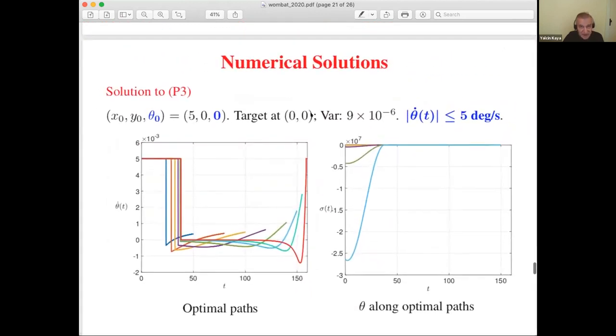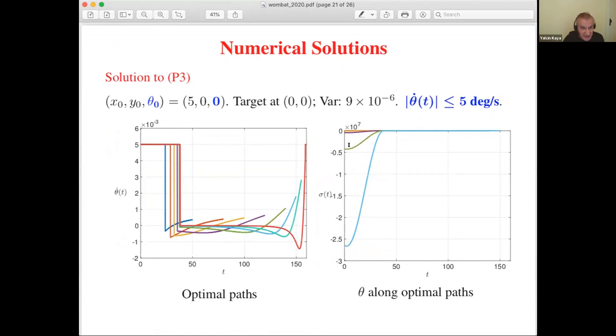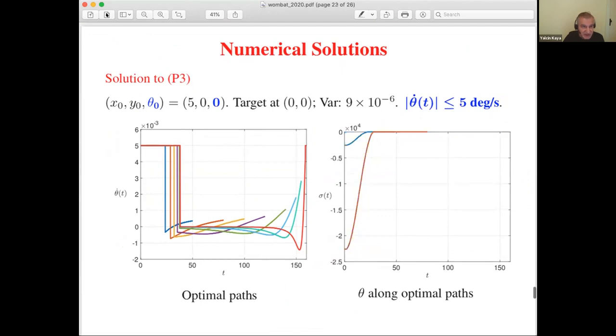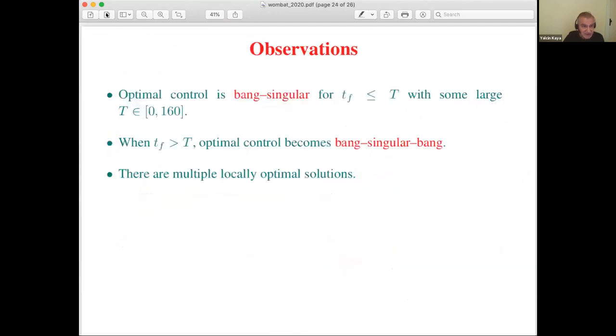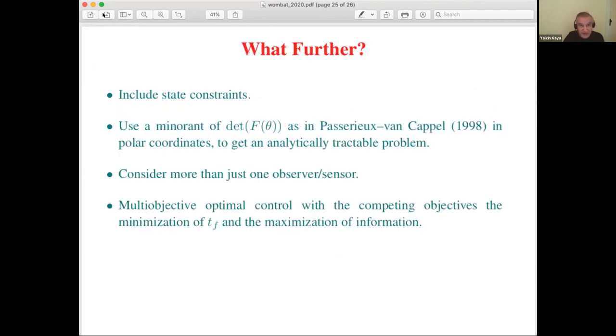This all needs, of course, more scrutiny, but numerically at least, that's what we are getting, and the optimality conditions are satisfied. So I've already told the observations. One more thing to add is that there are multiple locally optimal solutions, which is beyond this talk. And what further can be done?